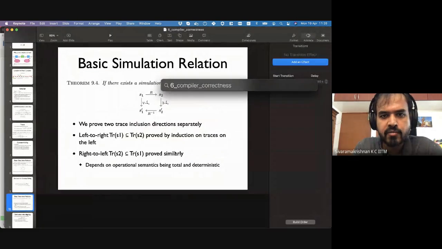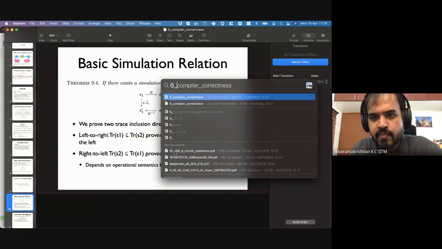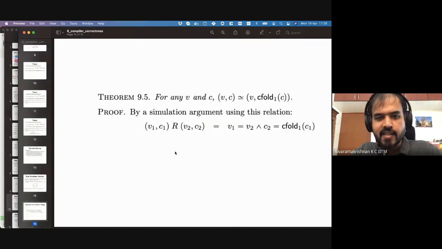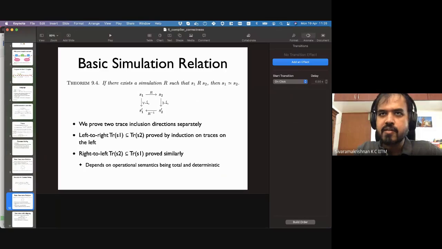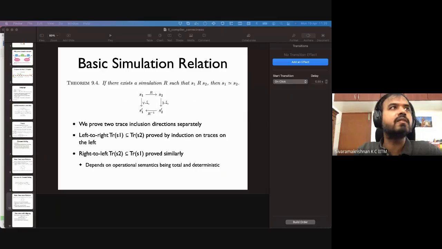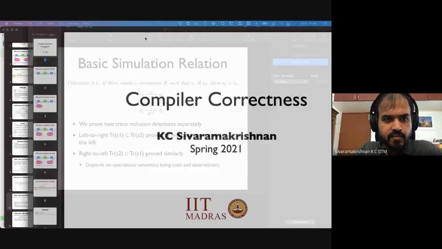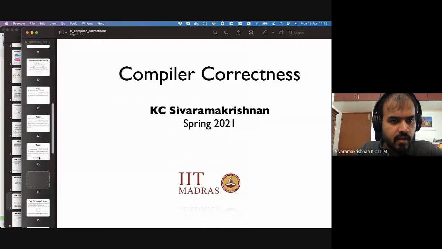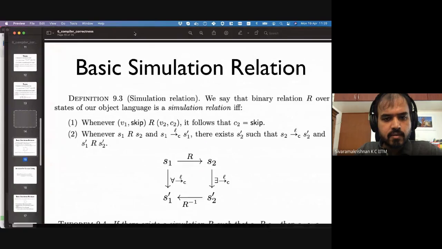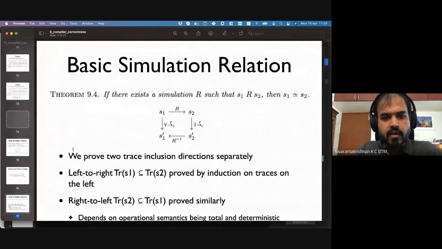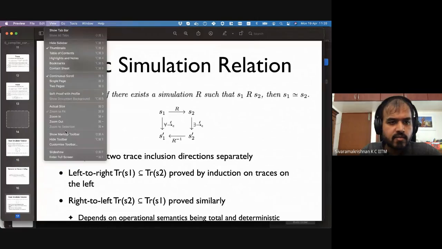If I don't do PDF, I can't see the rest of the screen. So what is this one? Give me just one second. Okay, here we are. Okay, so this is what I wanted to have. So let's make it full screen.